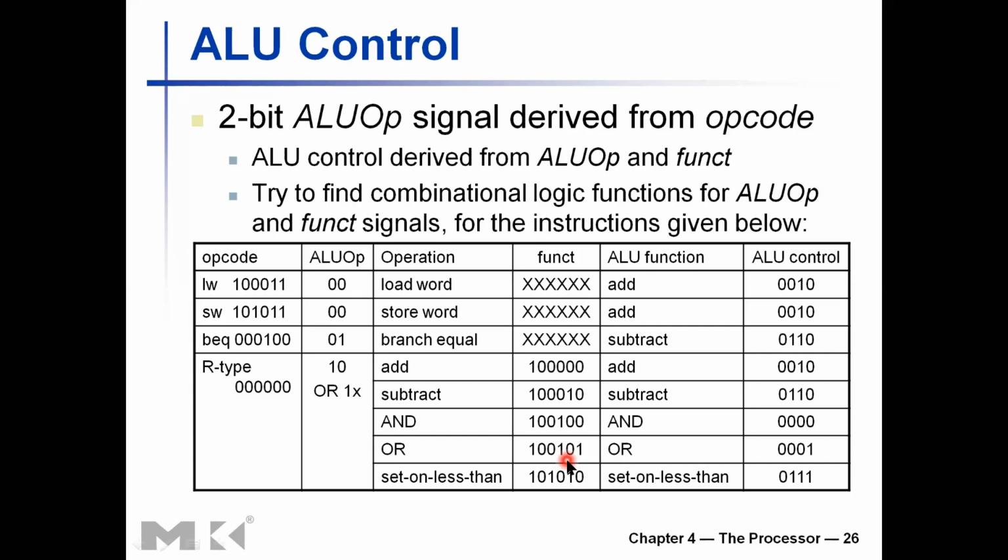And also another reason is that the actual control signal for the ALU is okay to be slightly delayed compared to the other control signals generated by the control unit, which we are not looking at the moment. We will have a look at them next.